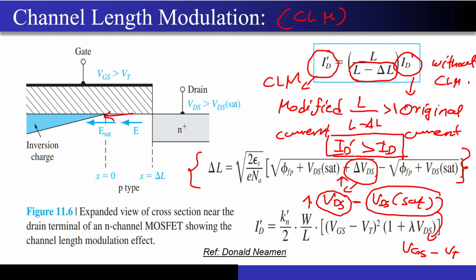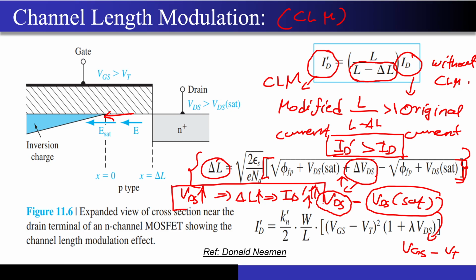If your delta VDS increases, then this bracket that you are seeing over here will also increase, and this bracket is directly proportional to the delta L. So by increasing the VDS, you are actually increasing the delta L, and by increasing the delta L, you are actually increasing the modified current. So this is what I wanted to tell you, how increasing the VDS is increasing the current.